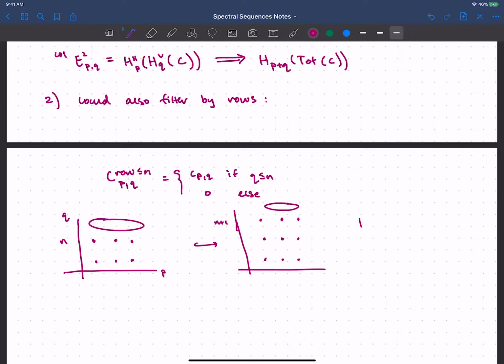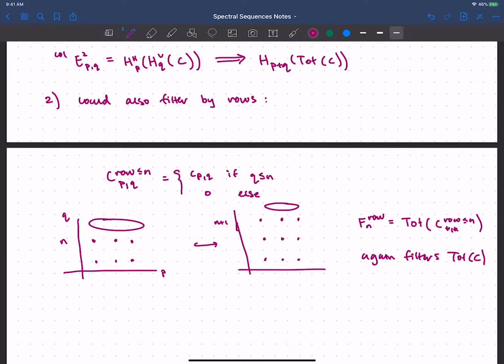Okay, and then we can set up F row n to be the total complex of this truncated double complex, row less than or equal to n. And this again filters our total complex, and so we're going to get a spectral sequence.